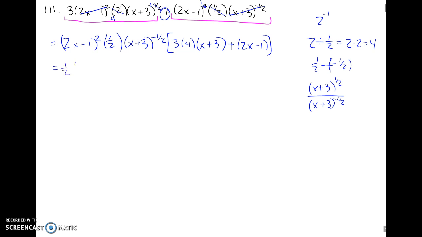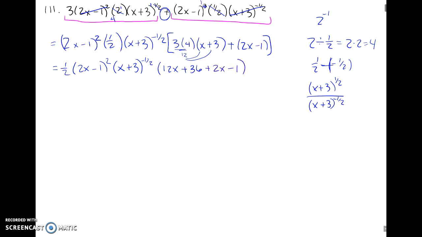So I have 1/2, 2x minus 1 squared, x plus 3 to the negative 1/2. 3 times 4 is 12, and then distribute it to both of those. So 12x plus 36. Plus, you don't even need these parentheses because you're just adding, so plus 2x minus 1.